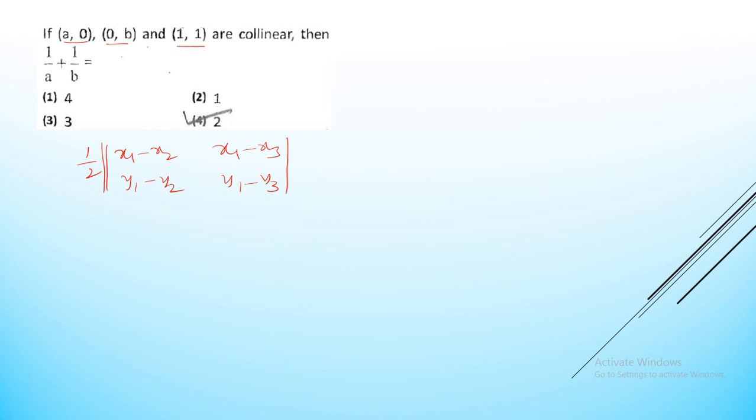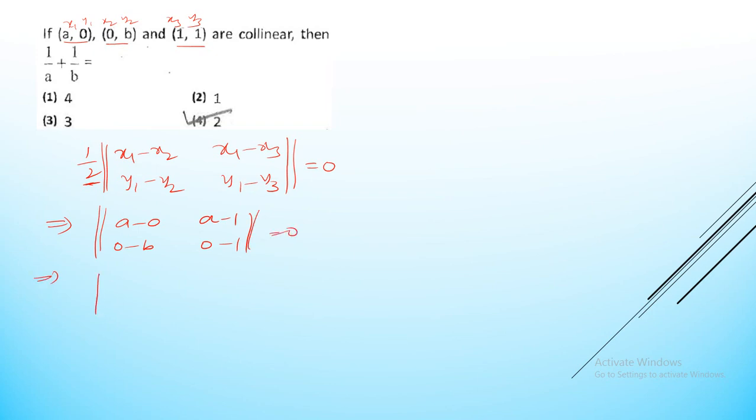This is nothing but a determinant, and its modulus is equal to 0. From this, 1 by 2, if I transpose, becomes 0. Then directly I can write, with x1, y1, x2, y2, x3, y3, x1 minus x2 is a minus 0, next a minus 1, 0 minus b, 0 minus 1. So this determinant in modulus is equal to 0.